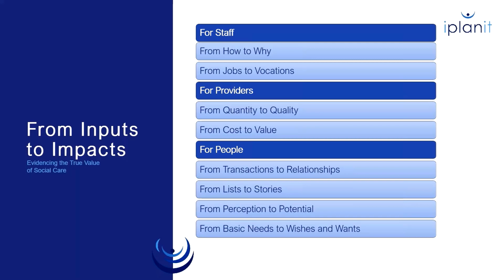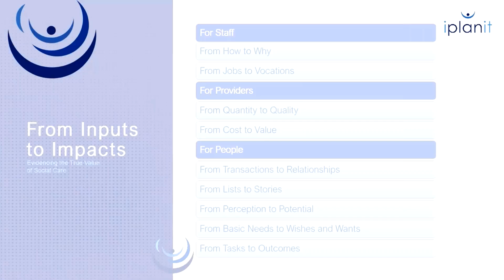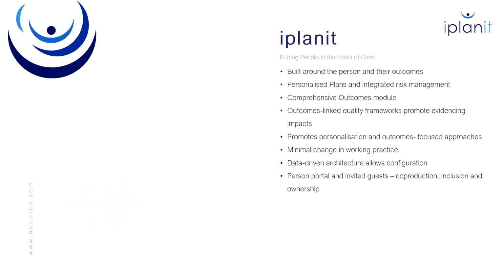But we can evidence the difference we're making to people's lives, and that's really what we're talking about when we talk about moving from tasks to outcomes. It's about evidencing the impact over the inputs. And that's the fundamental design ethos around iPlanit, to put people at the heart of their care. So iPlanit as a system was built around the person and their outcomes.